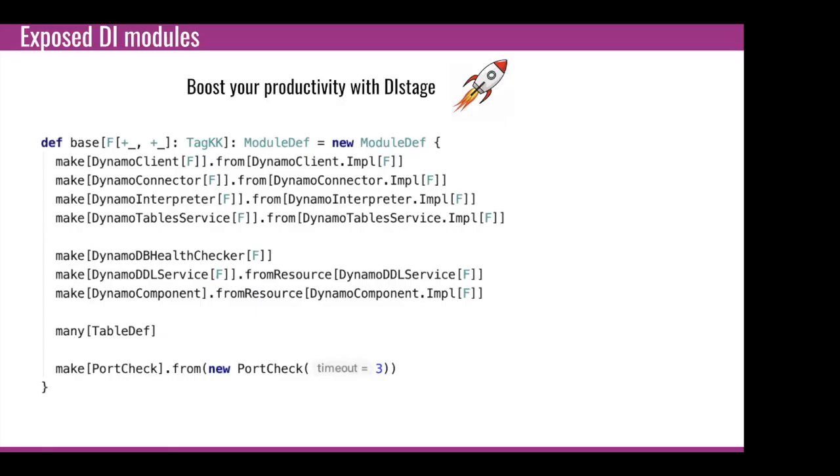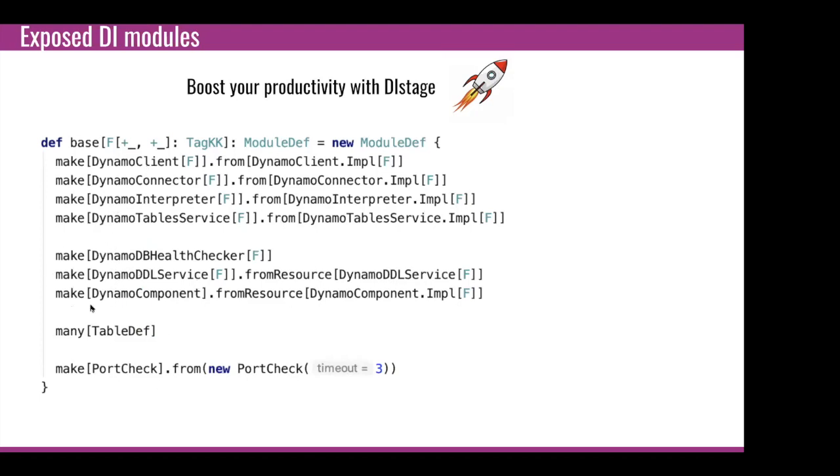First of all, as I've already mentioned, D4C is powered by the Izumi framework, especially D stage. And we believe D stage makes your daily job easier. This is why we expose these D stage modules that you could just add to your existing project, and then DI will take care of your dependencies headache. Here is an example of a D4C module.